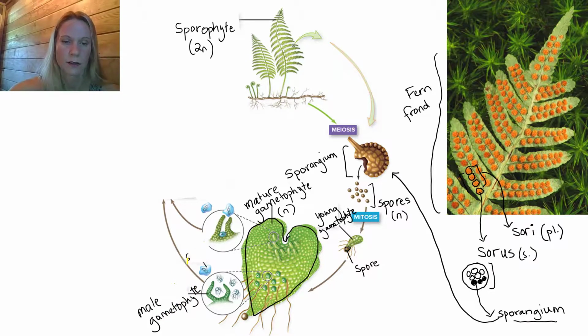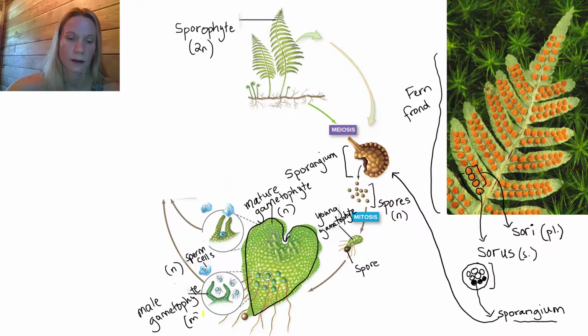And of course, these would be the sperm cells made by the male gametophyte, which would be haploid. And then up here, this would be the female gametophyte. Now, again, you need a microscope to see the details here. We cannot see the egg cells and we cannot see the sperm cells without a microscope.